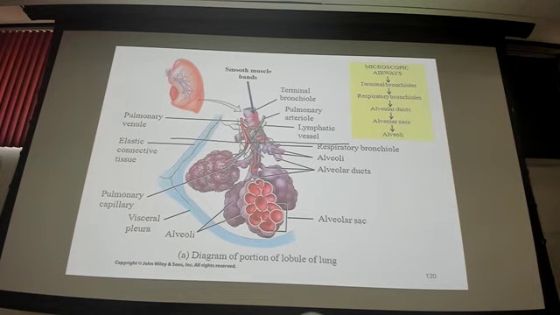The respiratory bronchiole. Then you see the alveolar ducts, right? The stems of the grapes. The alveolar ducts right here. Then that big bunch of grapes, the whole big bunch of grapes, is the alveolar sac.